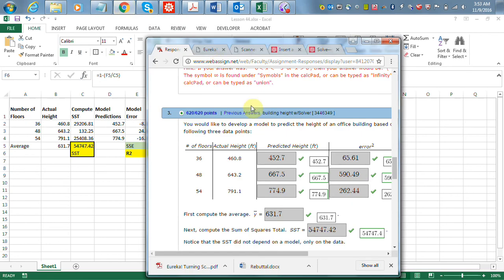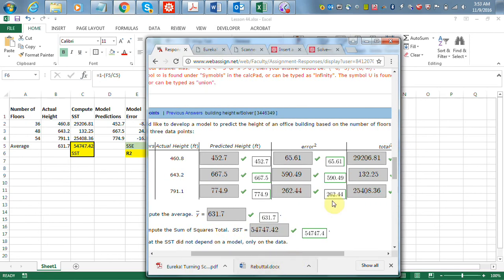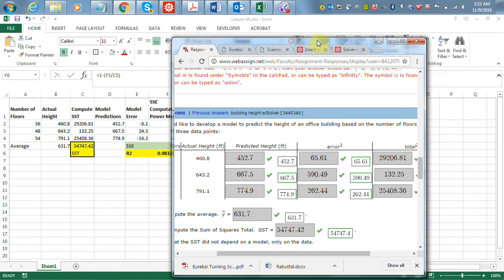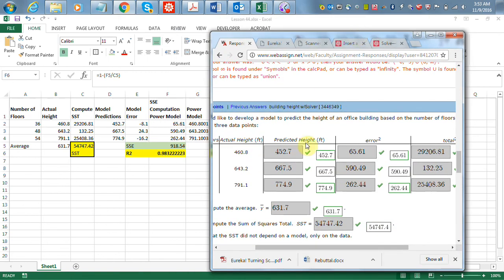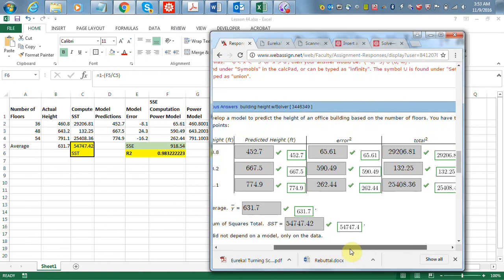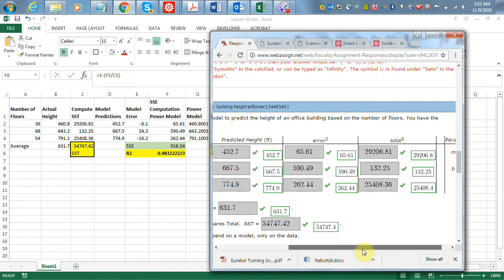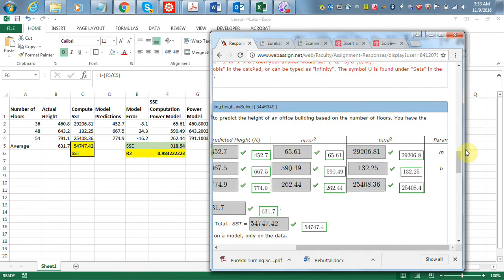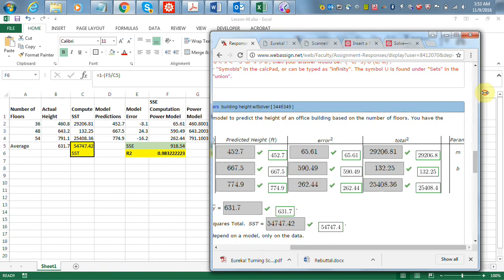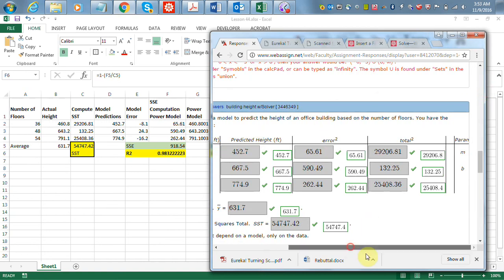Let me check what Trent has here. Notice that all these values, the error squared, Trent has them right. Sum squared total, and the parameters. Let's see if Trent got those right. We're actually using Trent's work as the approved solution.